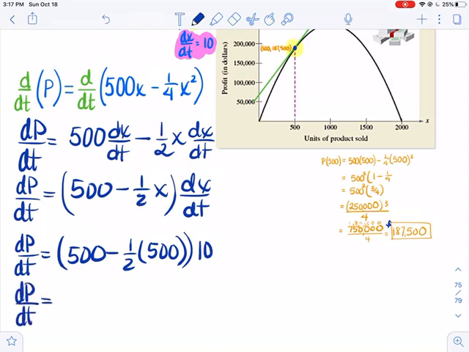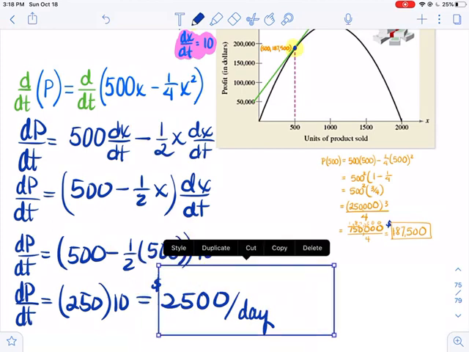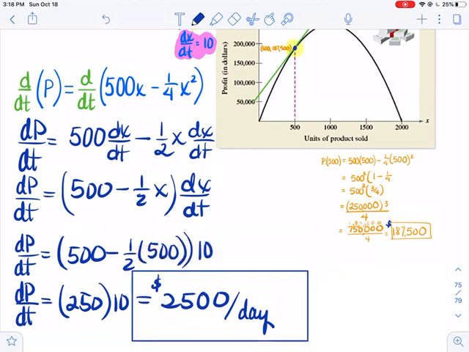So we get dP/dt is equal to 500 minus 250. So that's going to be 250 times 10, which is 2,500. And that would be in dollars per day. And there would be your answer.